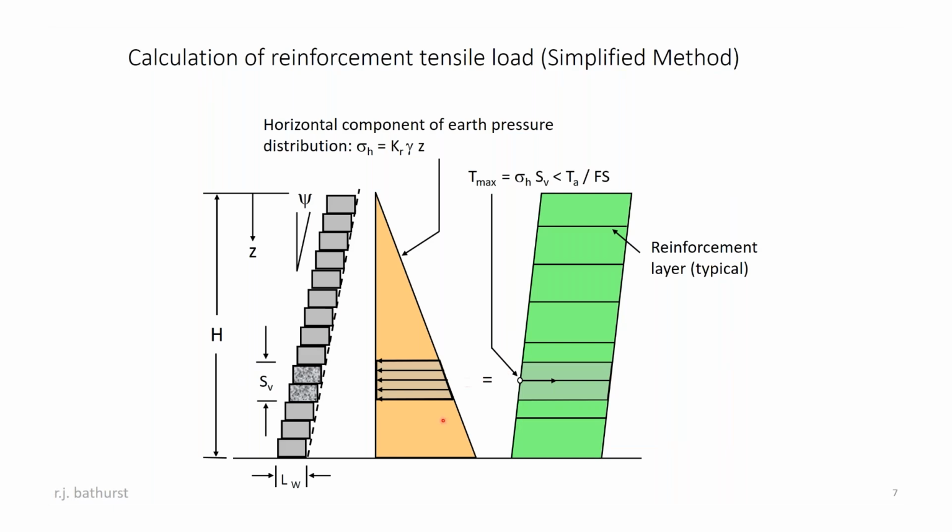And that portion is calculated over a contributory area or spacing of each reinforcement layer. And we can calculate what this horizontal pressure is acting laterally by choosing an equivalent coefficient of earth pressure, knowing what the unit weight of the soil is, and knowing what the depth to the reinforcement layer is.